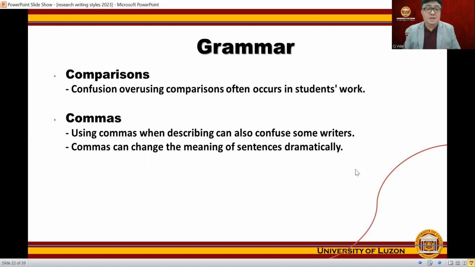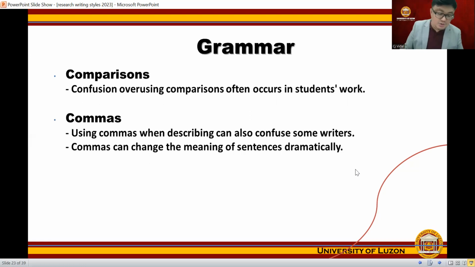So we start with comparisons. Confusion over using comparisons often occurs in students' work, particularly with words ending in er and est, and the words more and most. So you should familiarize yourself with, or call to mind, words that are oftentimes used in making comparisons.